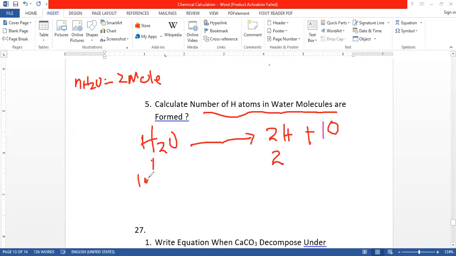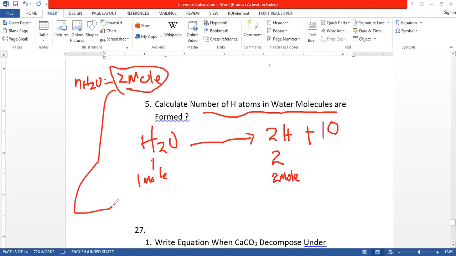If you have 1 mole of water, you will have how much? 2 mole of hydrogen. Here how much water? 2 mole. So then, if it has 2 mole, then it will be how much now? 4 mole.